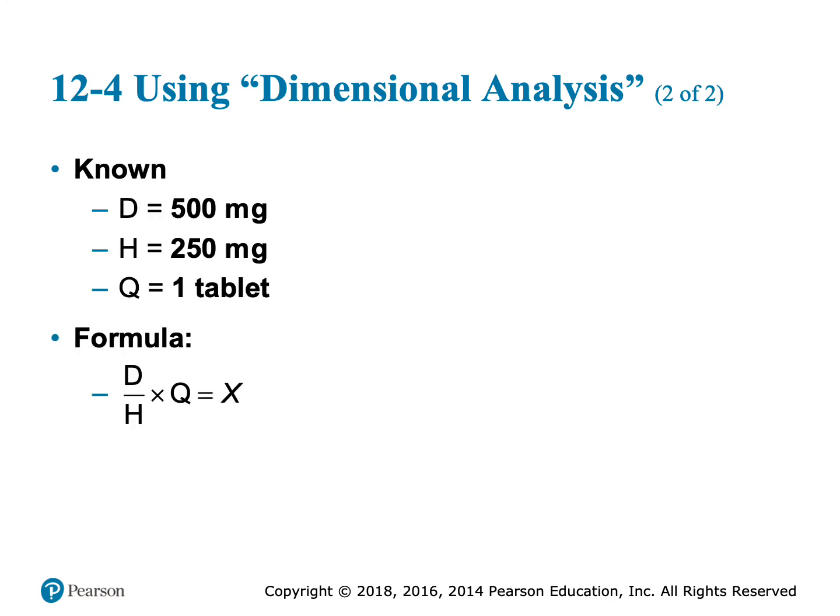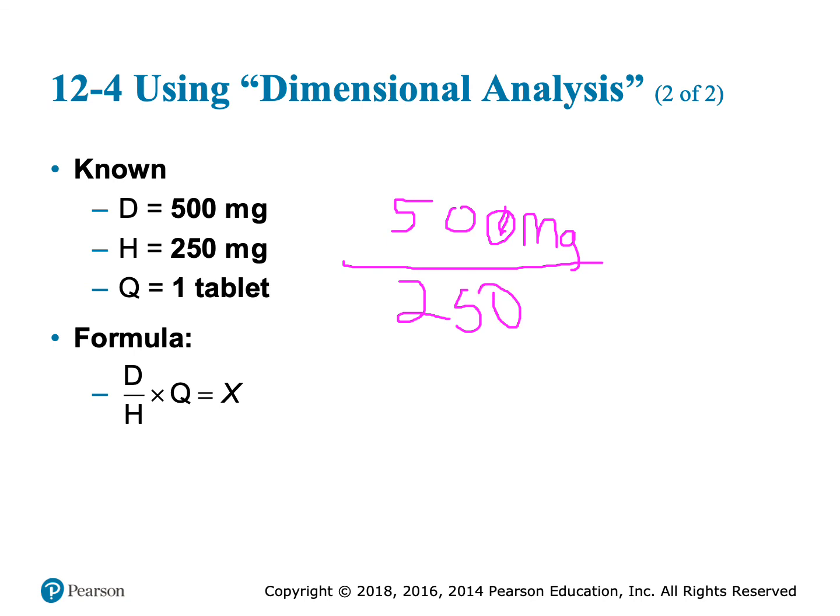All right, so we have our formula of D over H times Q equals X. So our D is going to be our 500 milligrams, right? 500 milligrams over our H. Our H, we determined on the prior slide, is 250 milligrams, and then that is times 1 tablet.